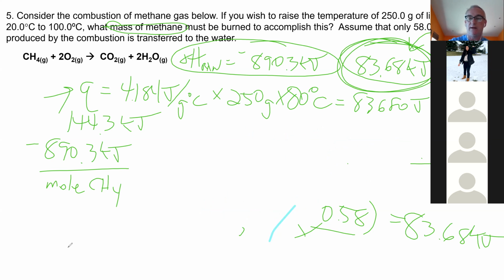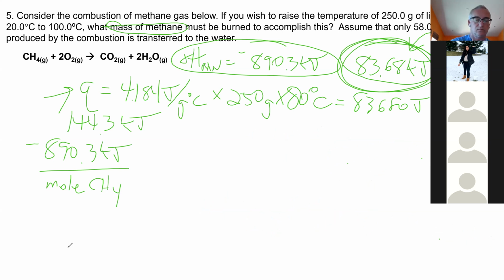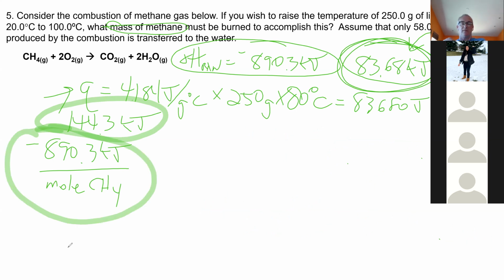So how much methane in moles are we going to need? I need this, and this is the ratio of kilojoules to moles. Tell me how to set up that reaction. So 144.3 kilojoules equals something.